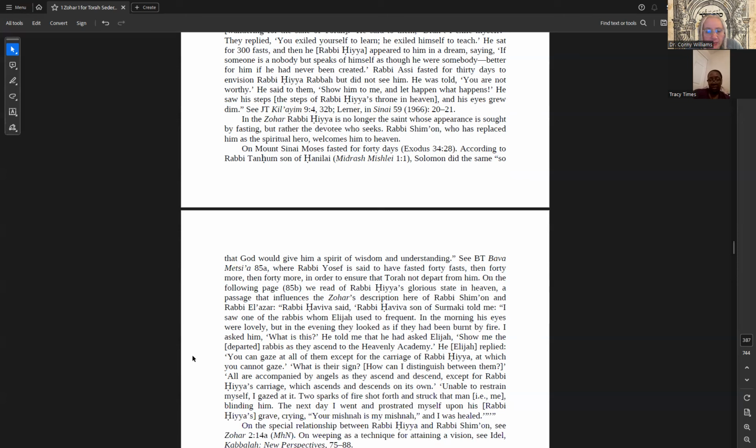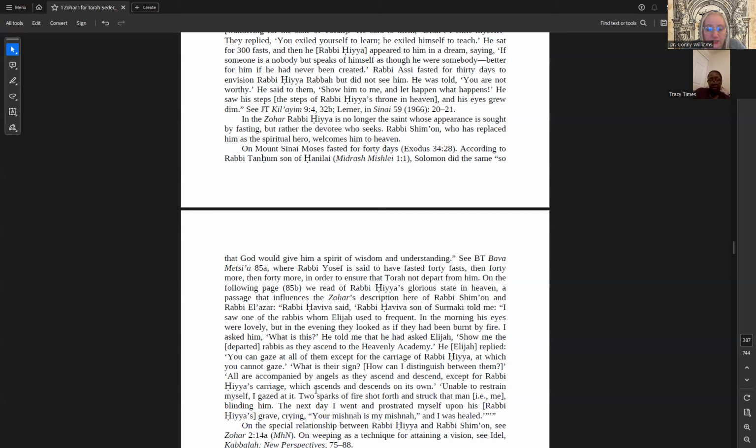Elijah replied, "You can gaze at all of them except for the carriage of Rabbi Chia, at which you cannot gaze." "What is their sign? How can I distinguish between them?" "All are accompanied by angels as they ascend and descend, except for Rabbi Chia's carriage, which ascends and descends on its own."